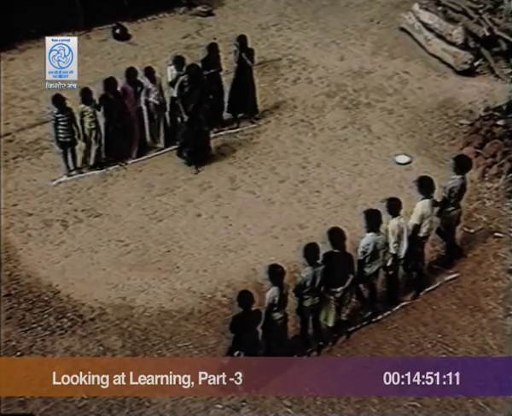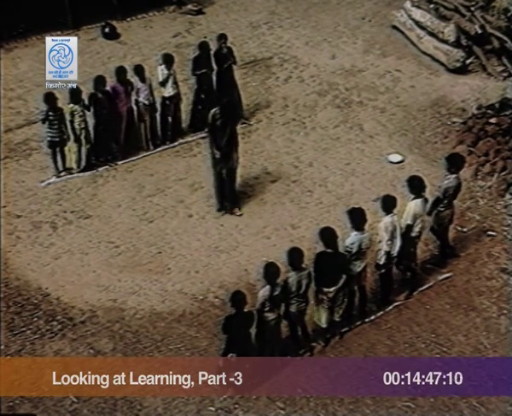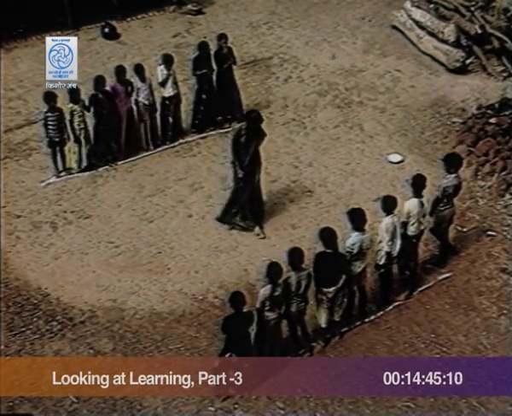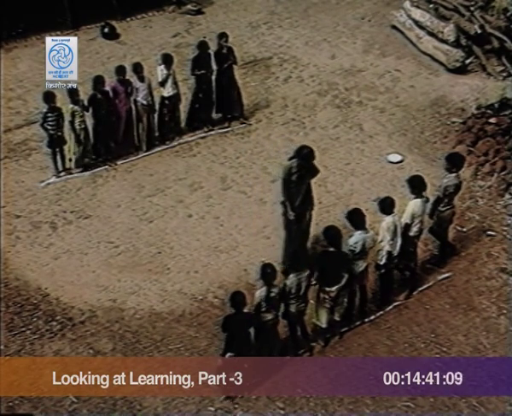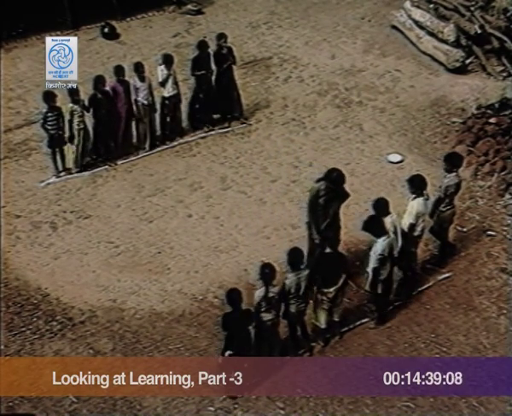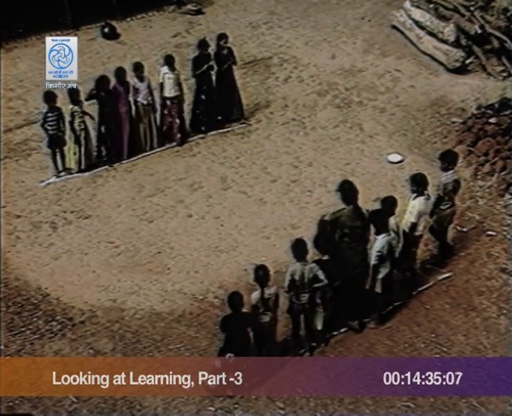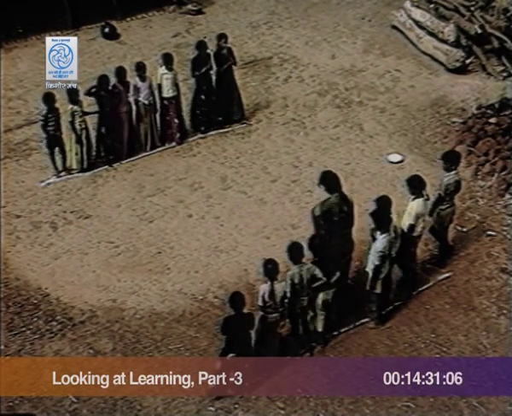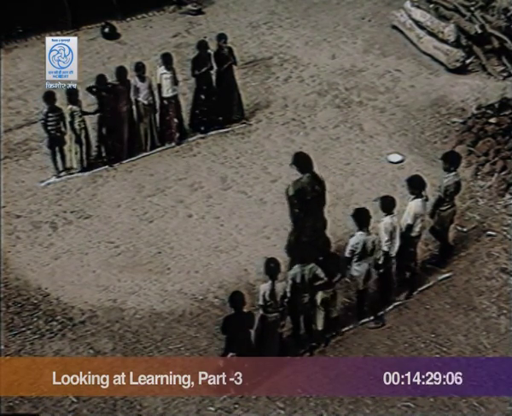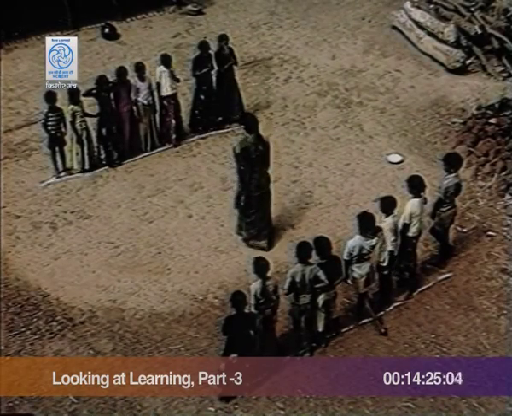Then she paces out the distance between the 2 lines and halves it to get the center point. Another useful mathematical activity. Through this, the children learn that a unit of measurement must be constant, like a foot's length.